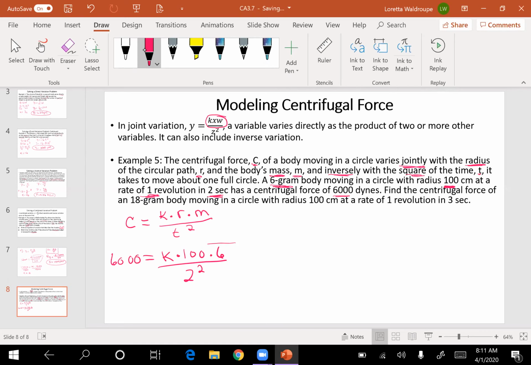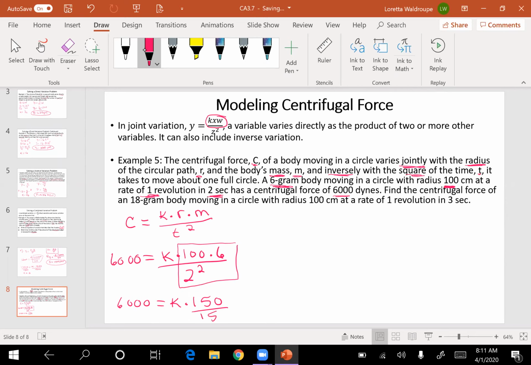Let's go ahead and simplify the right side first. So 6,000. Okay, 100 times 6 divided by 4 would be 150.